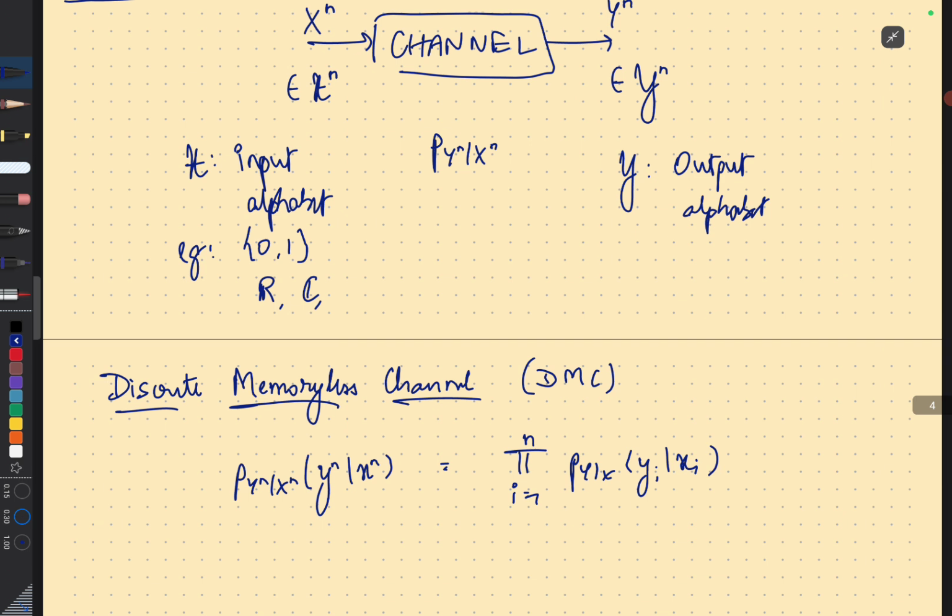So basically, if you transmit n symbols, then the channel operates on each symbol randomly and independently of all of the other symbols. All right.